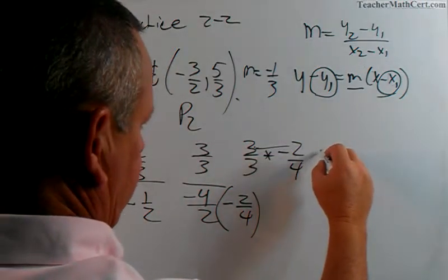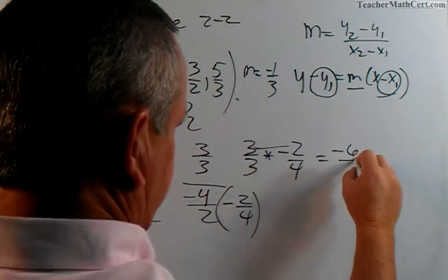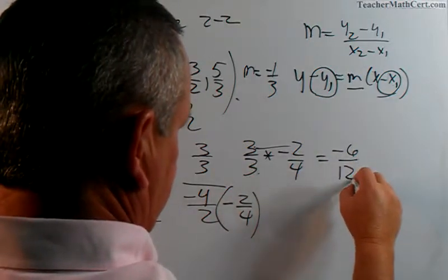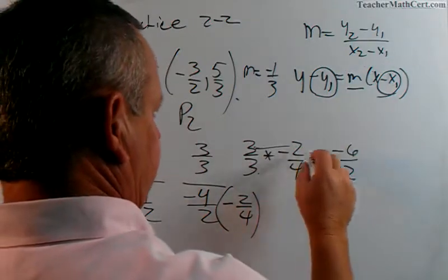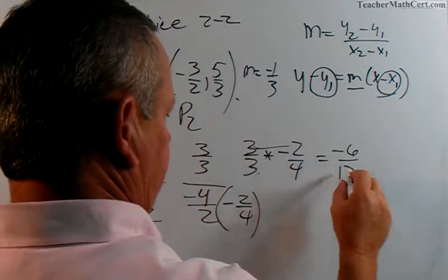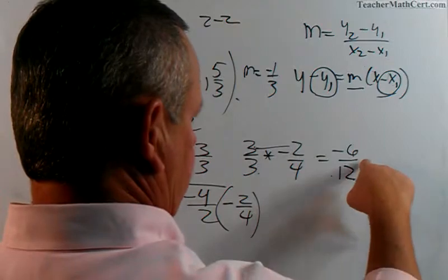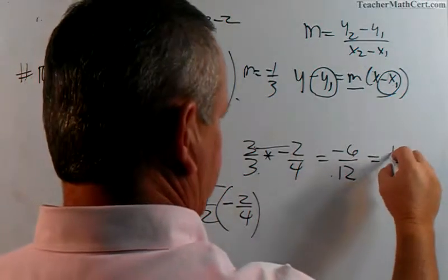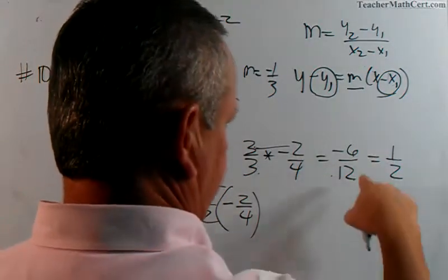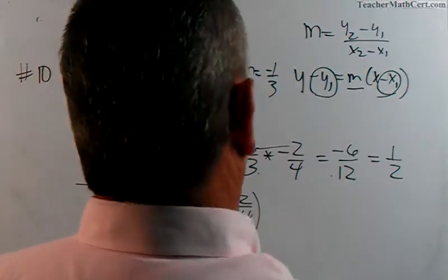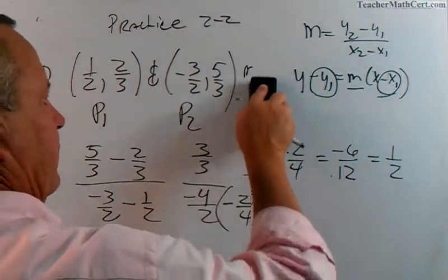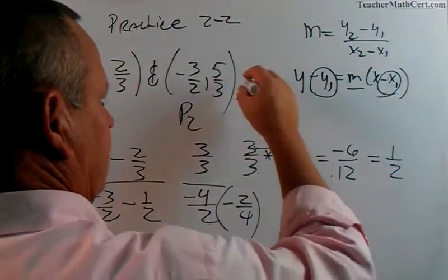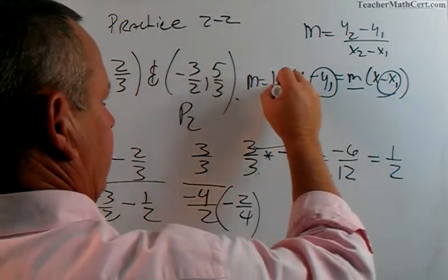That goes to negative 6/12, right? 3 times 2 is 6, but it's a negative. 3 times 4 is 12. This reduces to negative 1/2. Divide both of these by 6. So this slope is going to be negative 1/2. M equals negative 1/2.